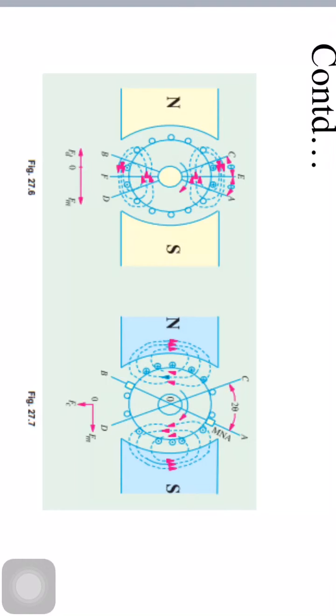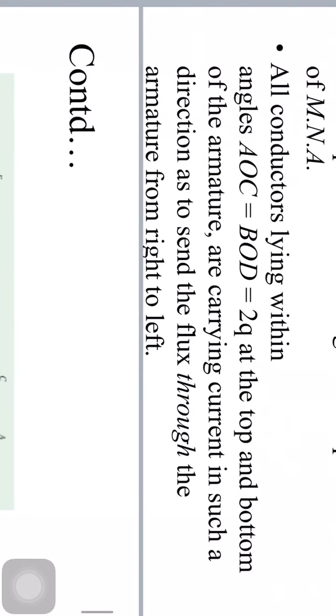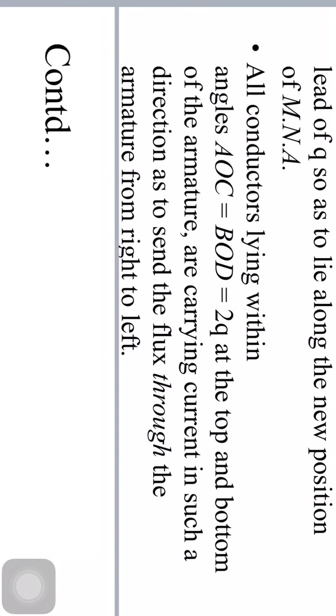In the first diagram, here you can observe theta, the armature conductors on either side of GNA produce flux in direct opposition to the main flux. Thus the conductors lying within the angles AOC equal to BOD equal to 2Q.